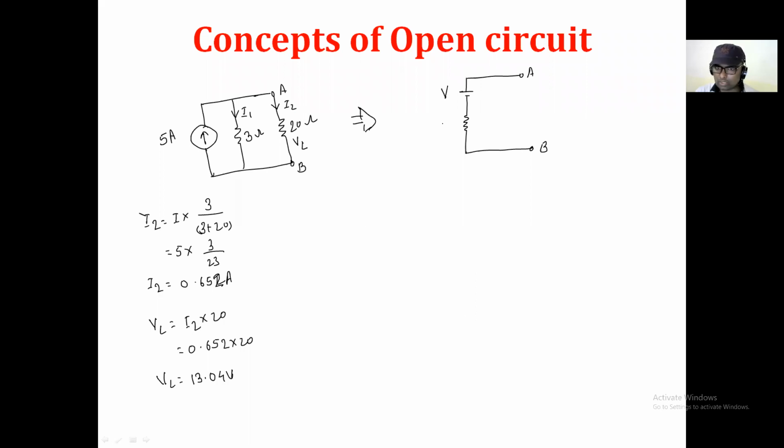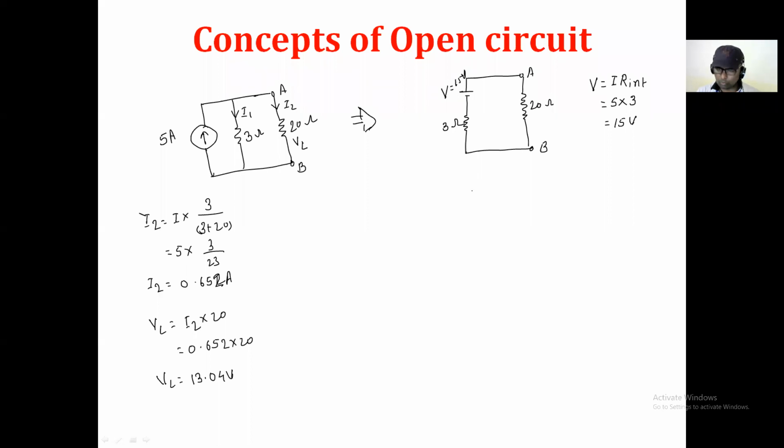The internal resistance is the same, 3 ohm, and the load resistance is the same, between terminals A and B. The voltage can be calculated using Ohm's law, I into internal resistance. The value of I is 5, the internal resistance is 3, so it should be 15 volts. So here voltage is equal to 15 volts.